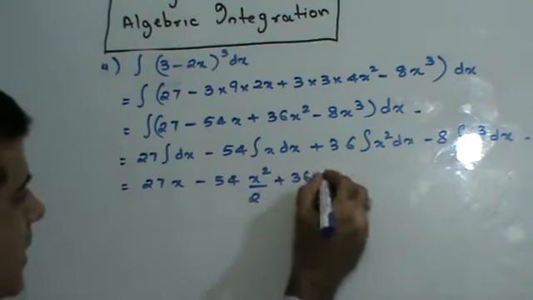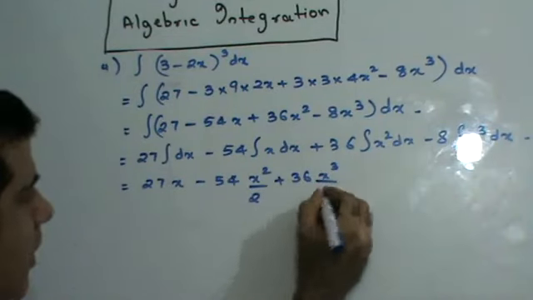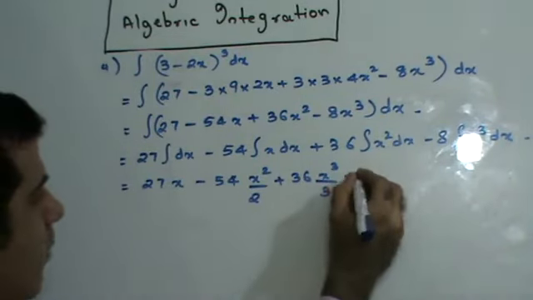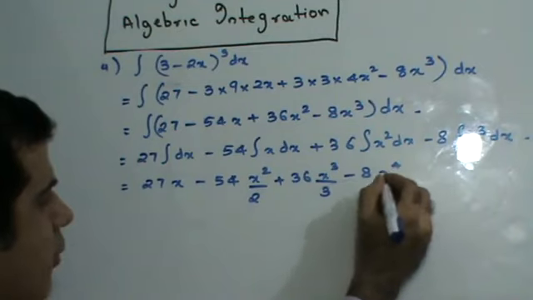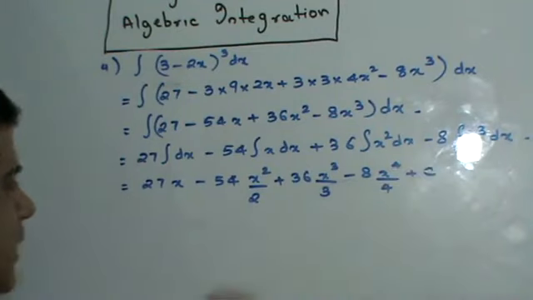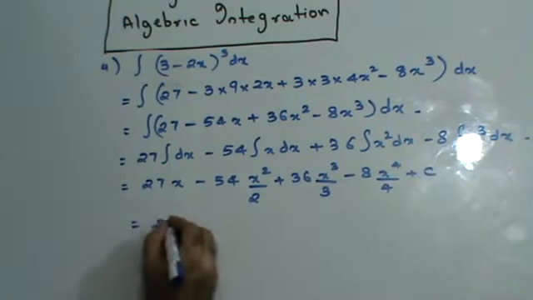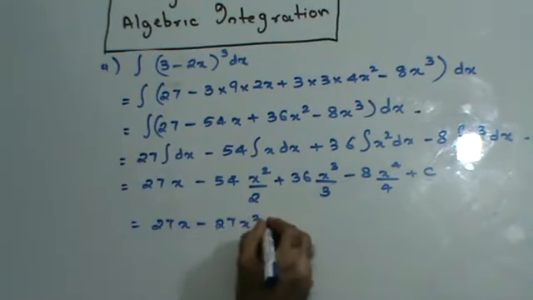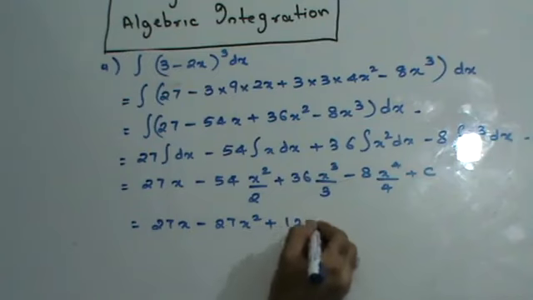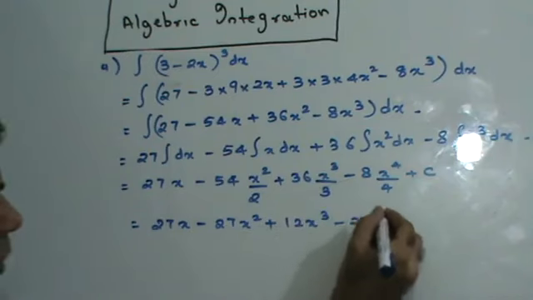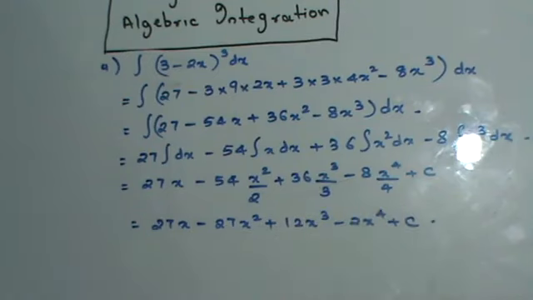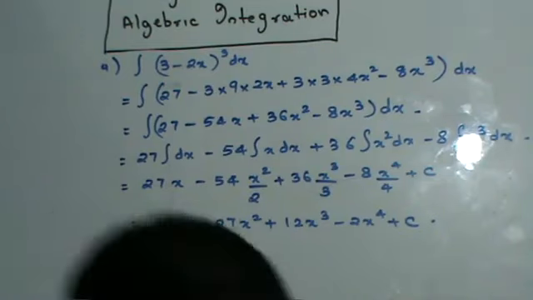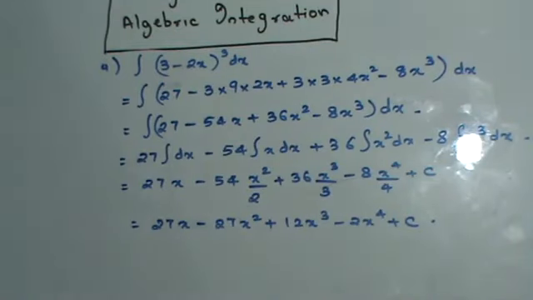Plus 36 x cube upon 3, same formula again, minus 8 x raised to 4 upon 4 plus c. So this is going to be 27x minus 27x square plus 12x cube minus 2x raised to 4 plus c. That will be the answer, right? Let's move on to the next sum.